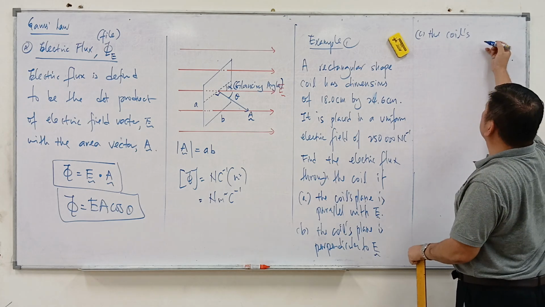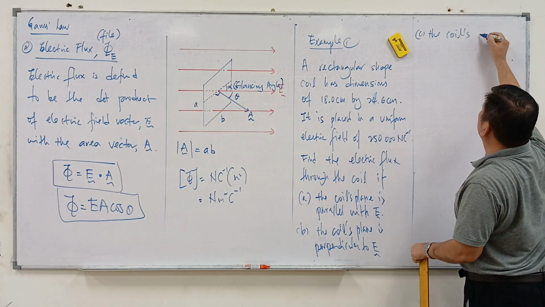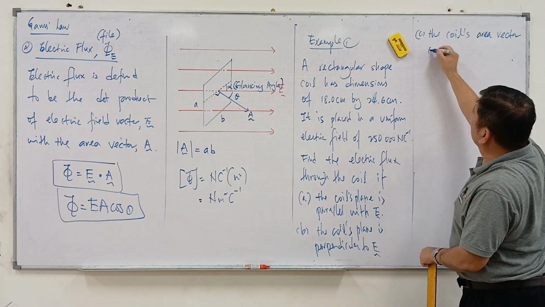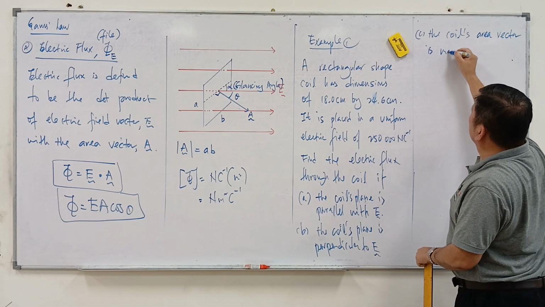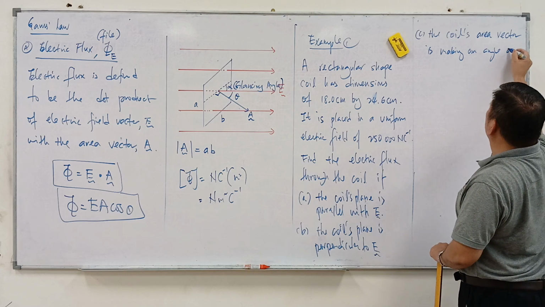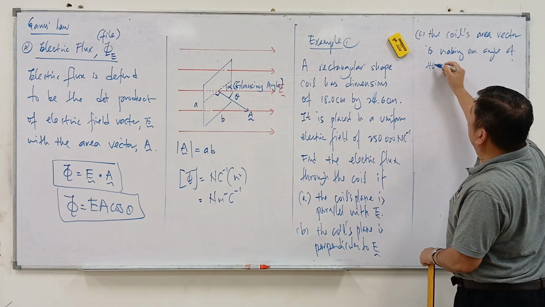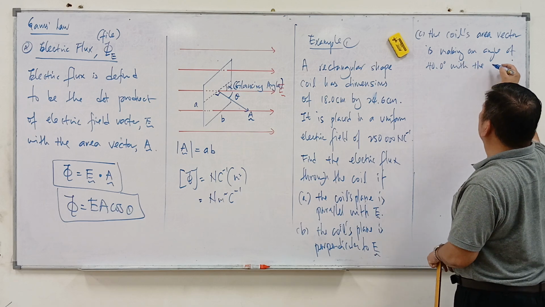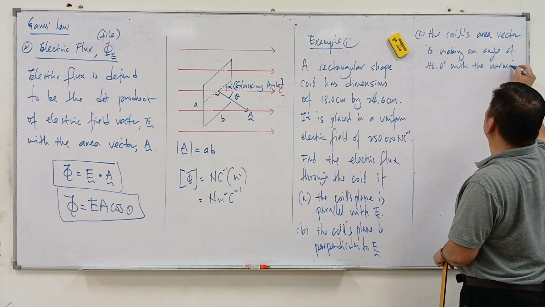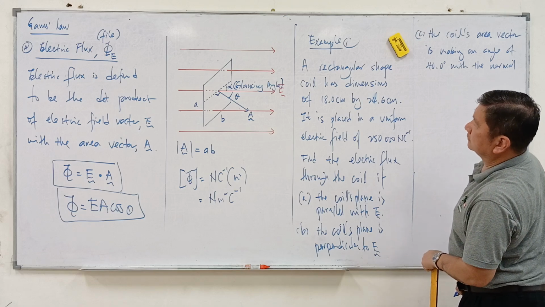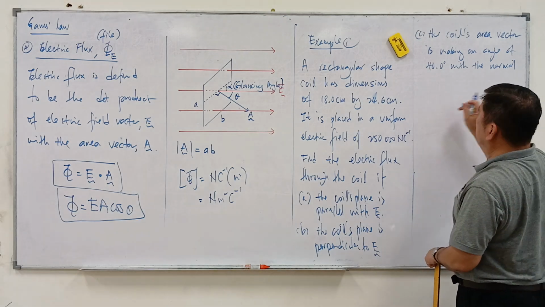Okay, the coil's area vector is making an angle of 40 degrees with the normal. Sorry, not this one.